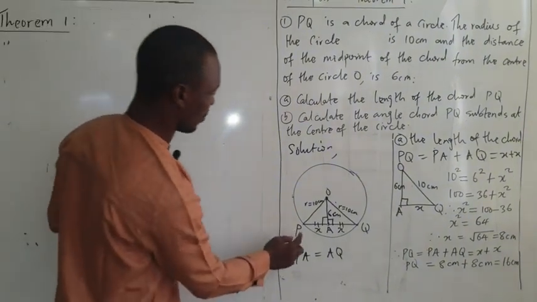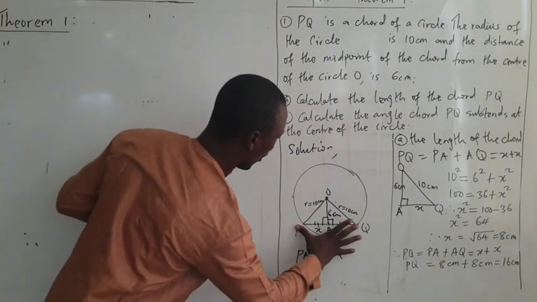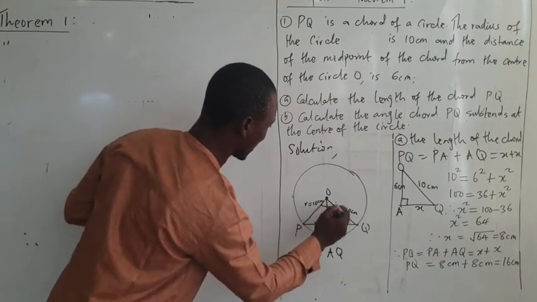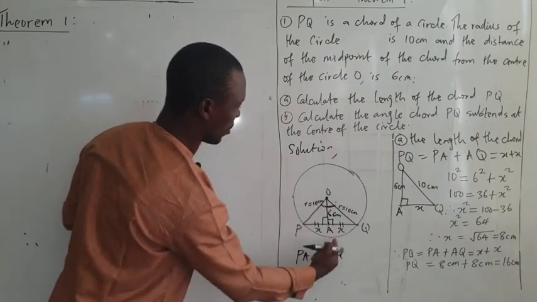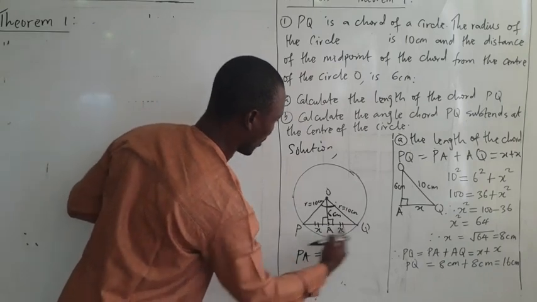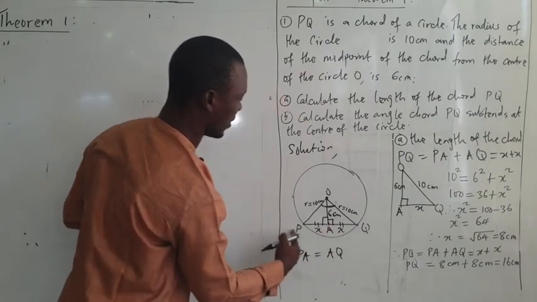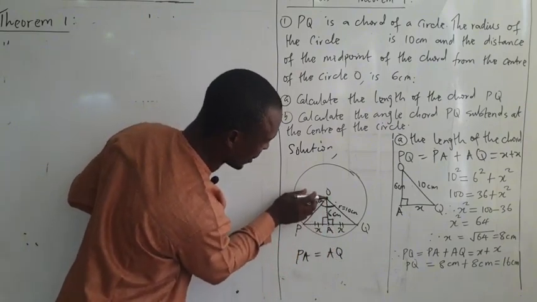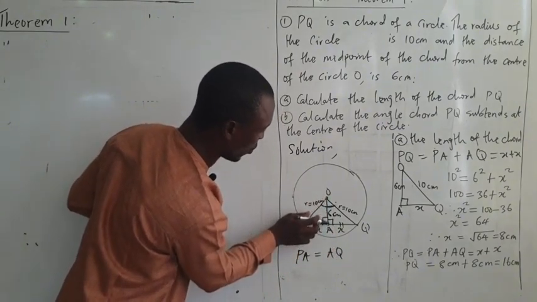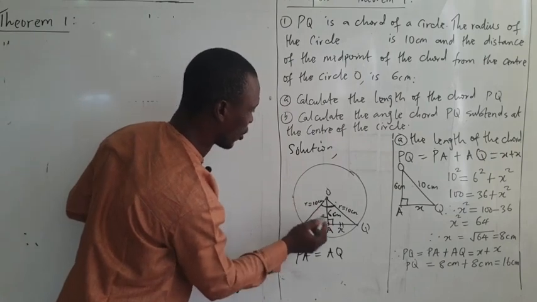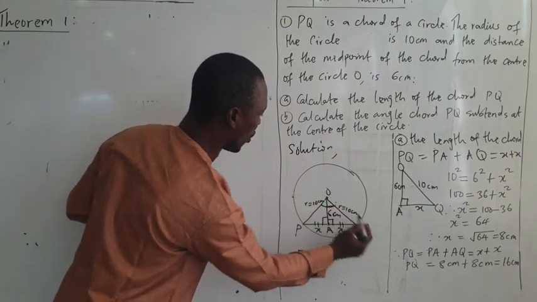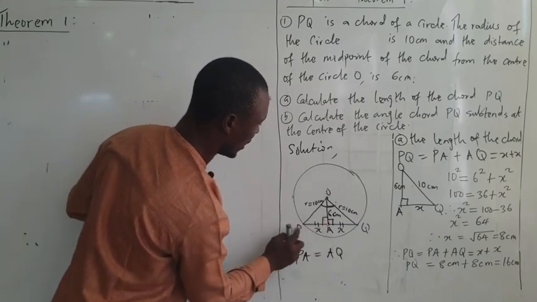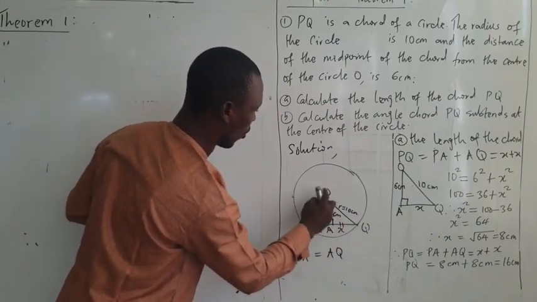Then we are asked to calculate the angle subtended by PQ at the center. So this chord is called PQ, forming angle POQ at the center. Just like we did for PQ, that is AQ and PA, the line from the center of the circle to the midpoint of the chord bisects the angle POQ, which means angle POA is the same thing as angle QOA.